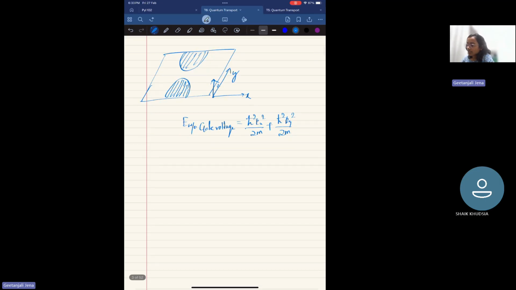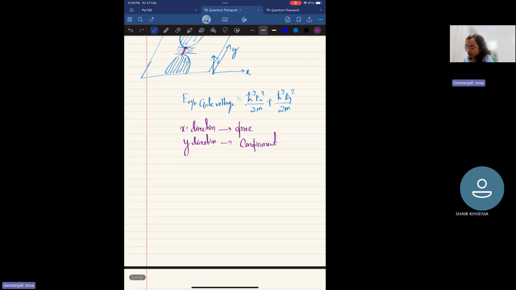For this one, we are now restricting the carrier transport in some region around the quantum point contact. Here there is a potential barrier created by this point contact in the y direction. So even if the transport is free in the x direction, in the y direction there is a confinement effect because of the voltage applied along the quantum point contact.